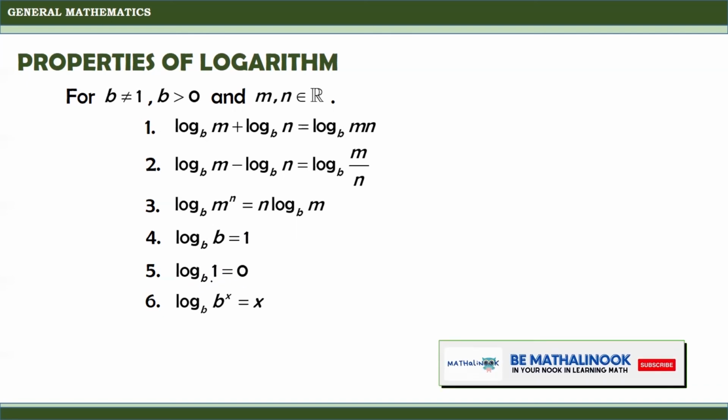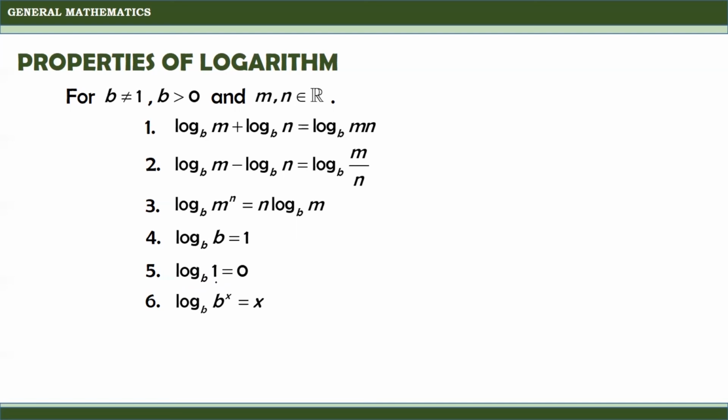Meaning, if the power is equal to 1, then the logarithmic expression will be equal to 0. This property came from the concept that for any base b, when we raise it to 0, then the value is always equal to 1.